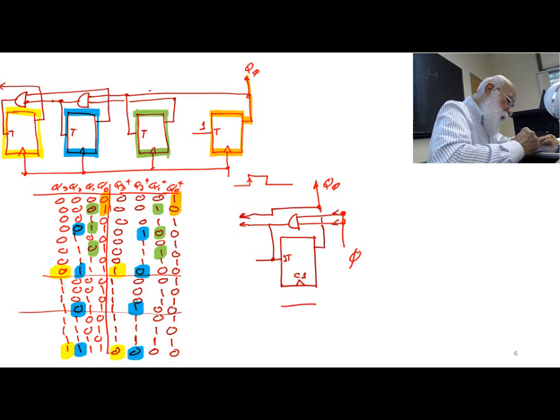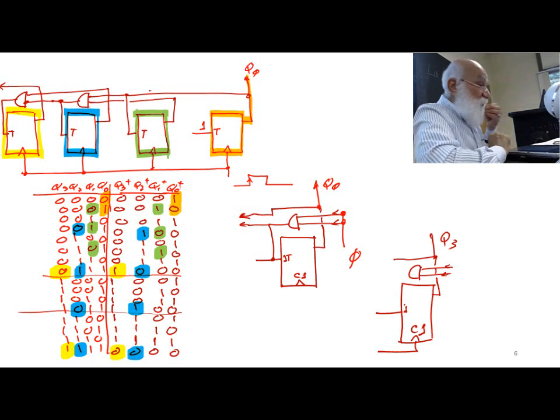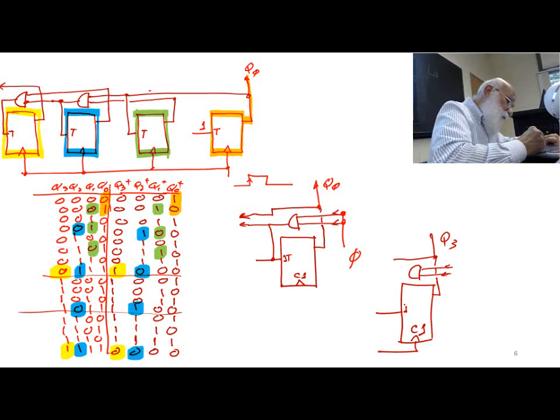If I take the Q3, notice that it already has the AND gate, it already has two inputs coming into the AND gate, it already has the output going out, so that maybe bit number 4 wants to use it, okay?